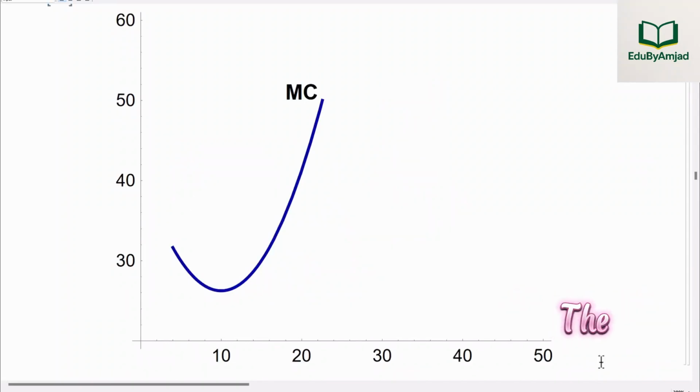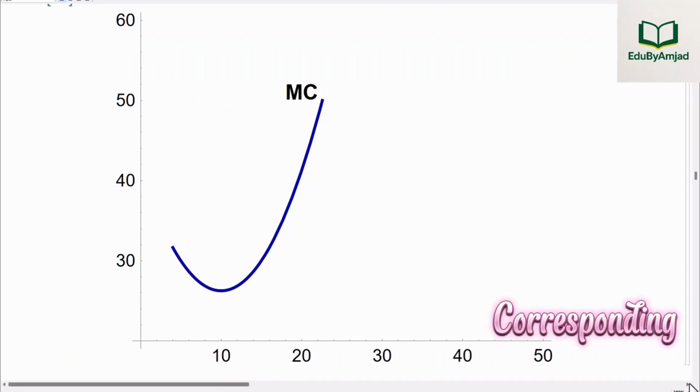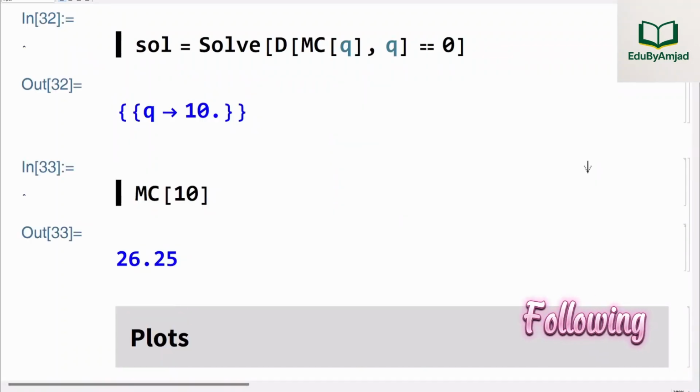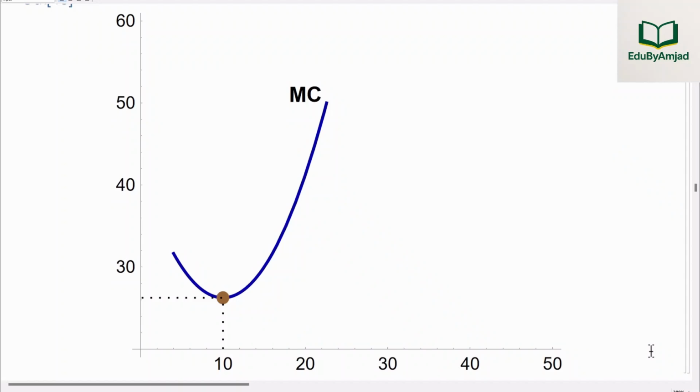Similarly, we can find the minimum of marginal cost and the corresponding output level, as shown by the following Mathematica input and output cells. The Cartesian coordinates of this point are 10 and 26.25. This point is shown by the brown dot on the marginal cost curve.